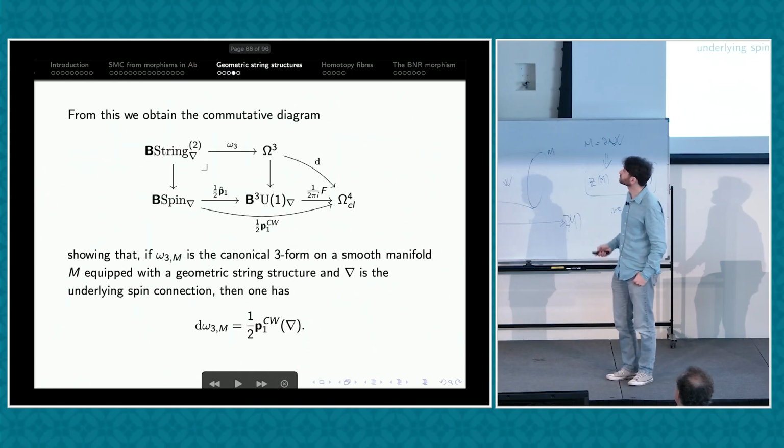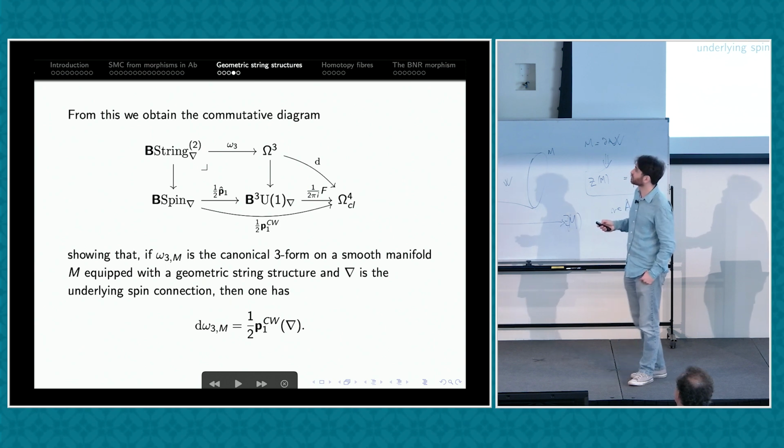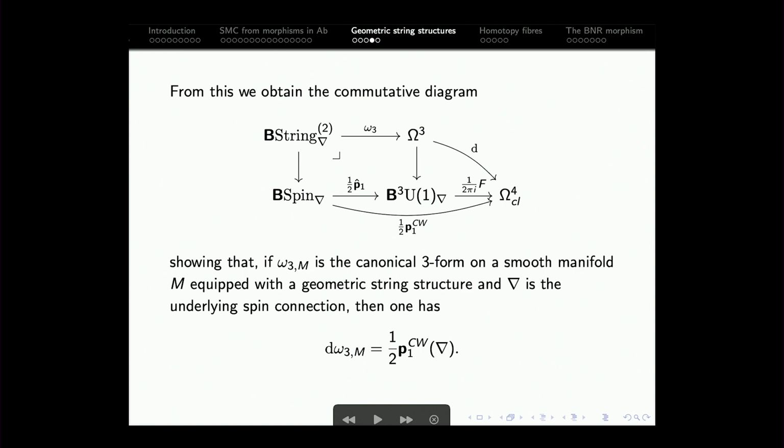And so if I merge together all the diagrams I had before, I get this diagram here. And this tells me that this canonical 3-form is actually a trivialization of the first Pontryagin class. So the differential of omega 3 is 1/2 P1.